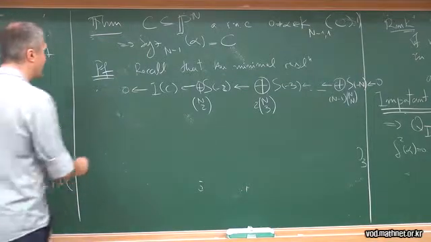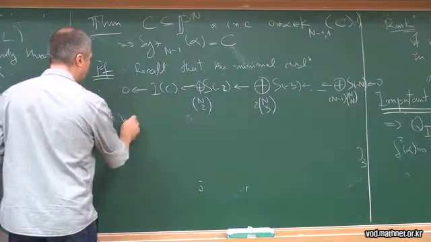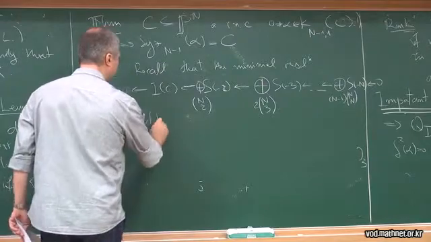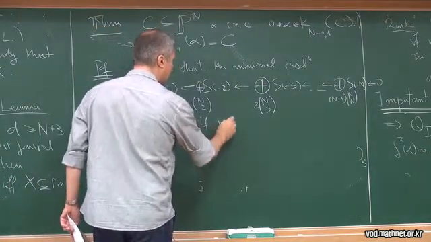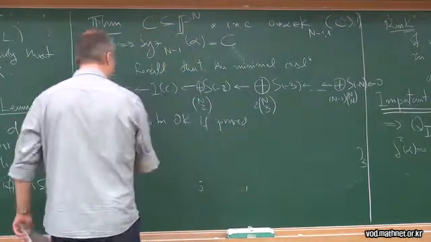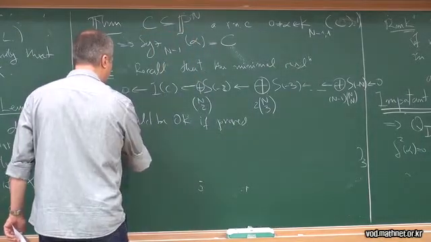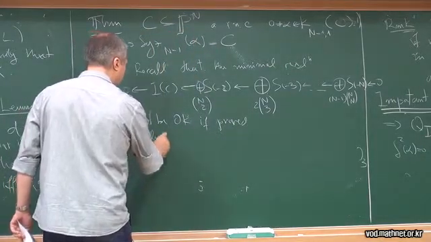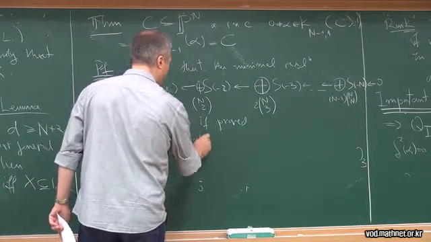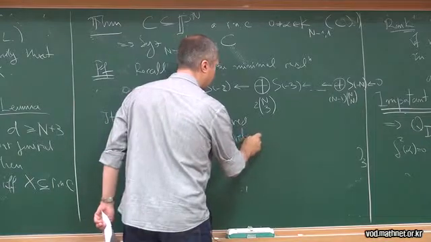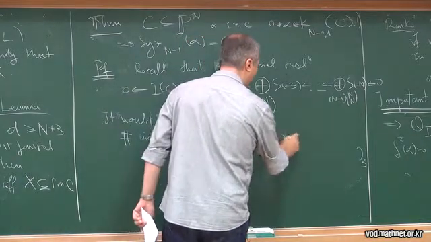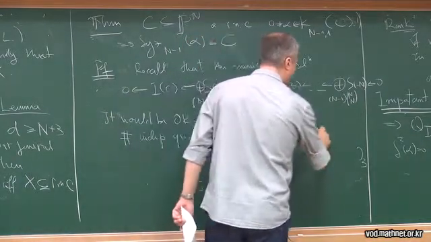So it would be okay if we proved that the number of independent quadrics involved in alpha is at least n choose 2.